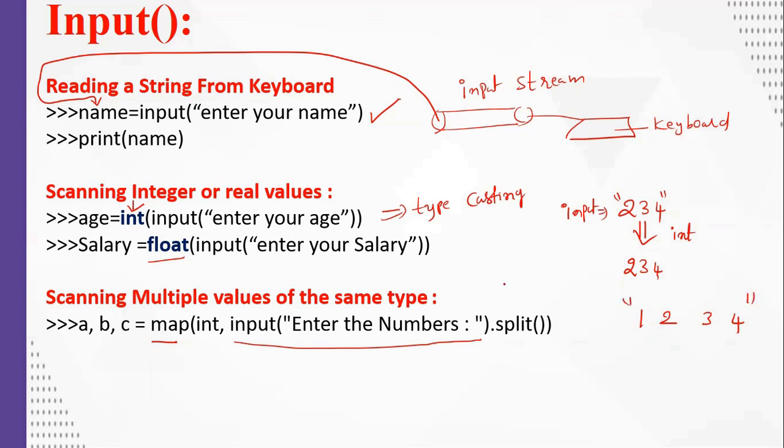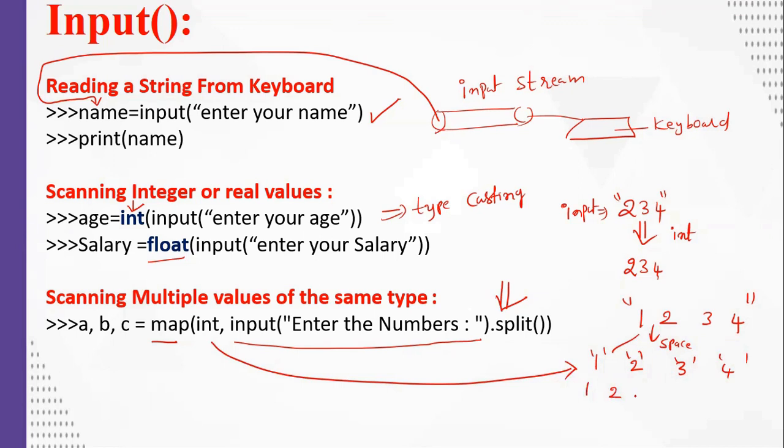Now I am using split, a predefined function used to split the string into different values. When it is splitting the data, by default it will use the space as the separator. Then 1 will be separated as a string, 2 as a string, 3 as a string, 4 as a string. However, these values we again convert into integers. So then 1 becomes an integer, 2 becomes an integer, 3 becomes an integer, 4 becomes an integer.